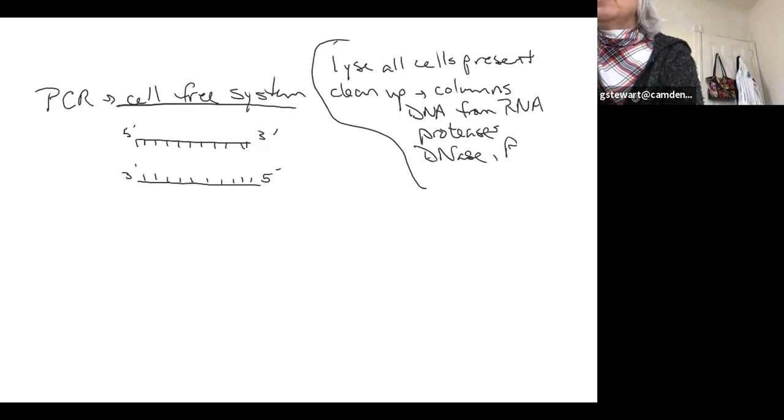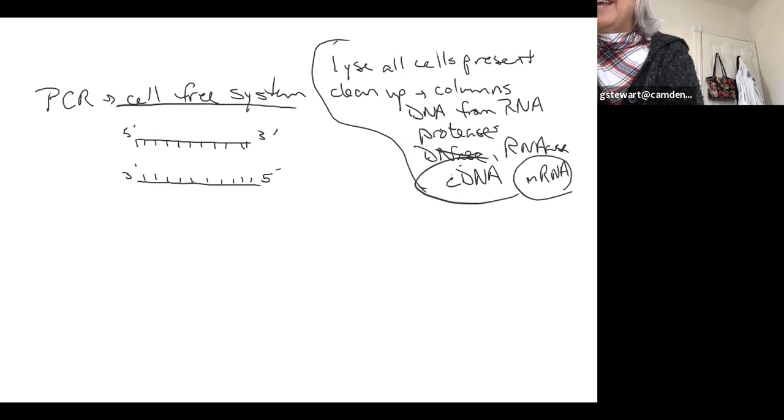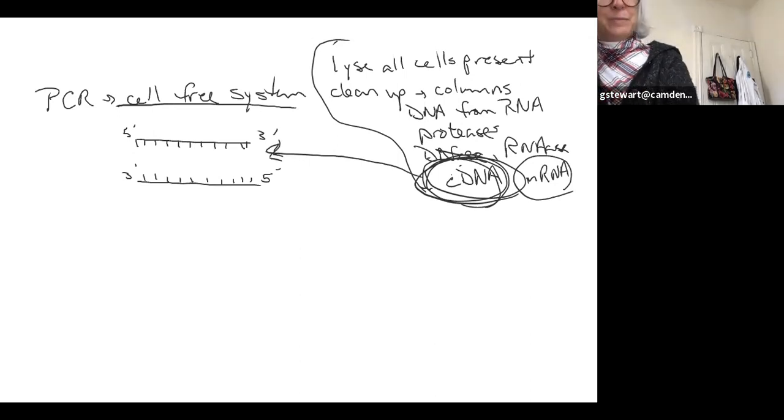You can use RNases too, depending on what you're trying to purify. And then you would make that complementary cDNA from the virus messenger RNA. And then we would be using this cDNA as our target sequence. So that's going in the test tube.